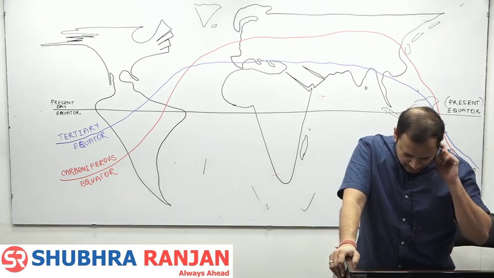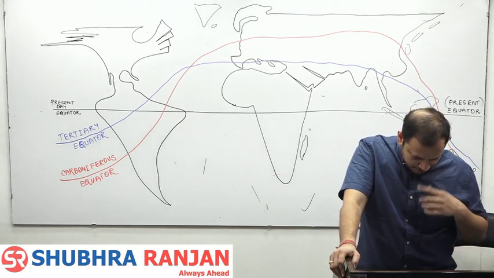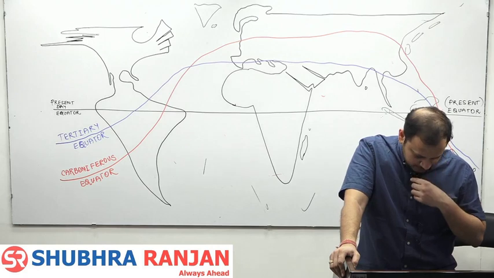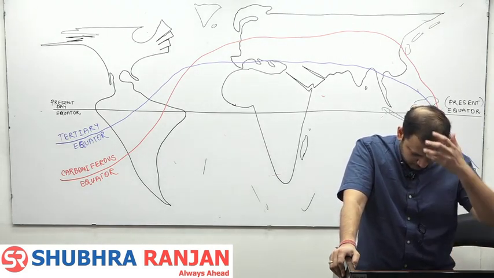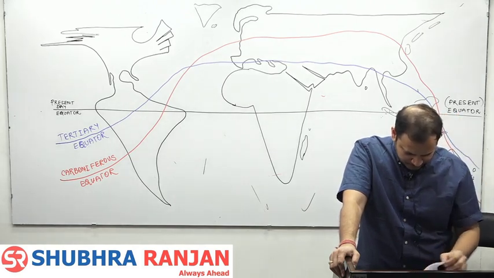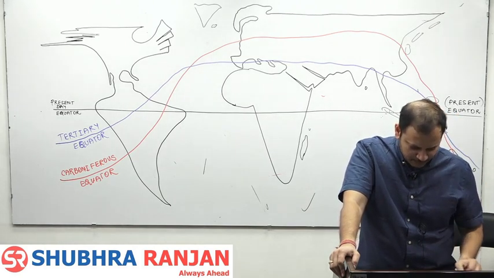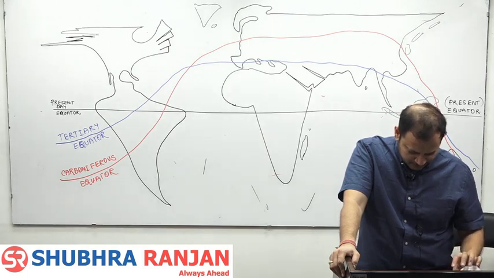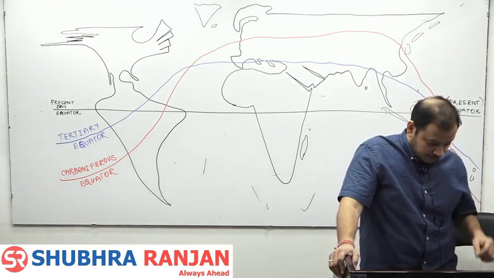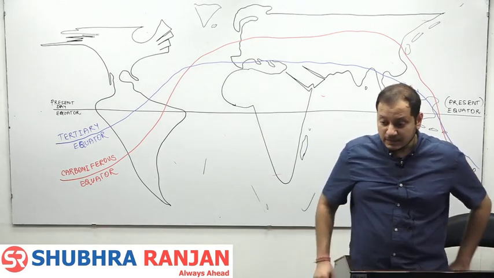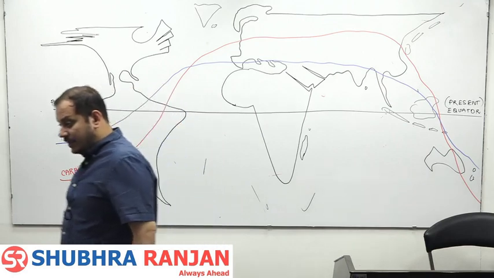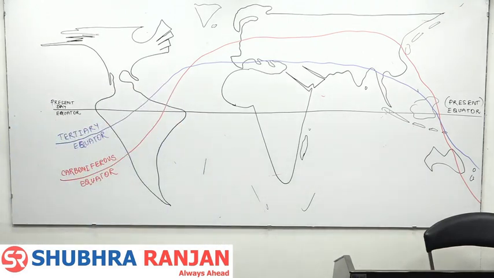Thus the drifting of the continents ultimately gave rise to the present day arrangement of the continents.